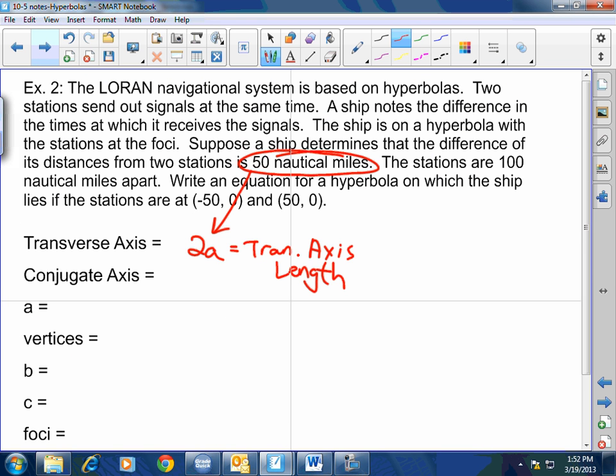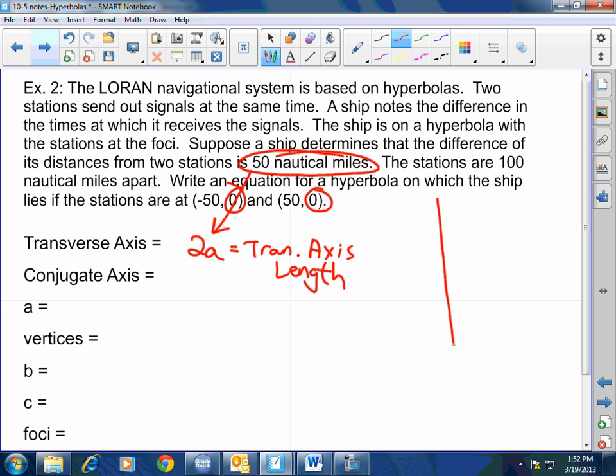The stations are 100 nautical miles apart. Write an equation for a hyperbola on which the ship lies if the stations are (-50, 0) and (50, 0). That 0 indicates to me that it's going to be an x-axis transverse.